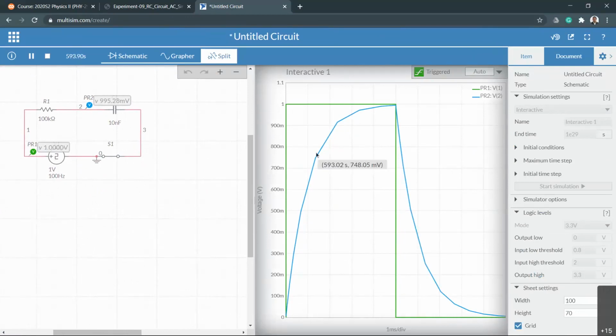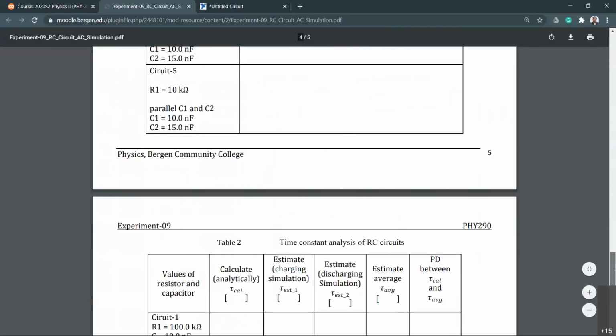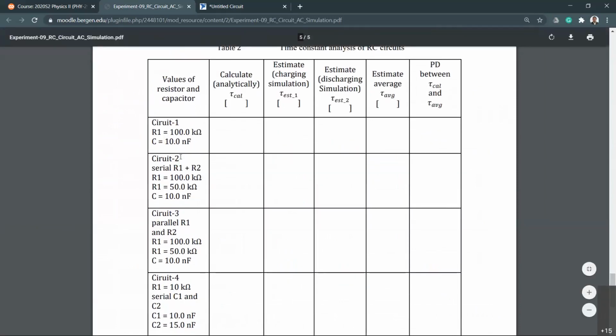Okay, let's take a look. Now, in terms of calculation, there's no calculation in this lab, right? Basically, what we're doing in table number 2 is analyzing the time constant. That's all, very simple.